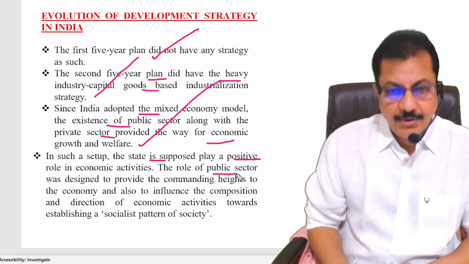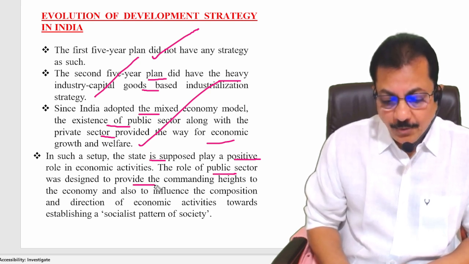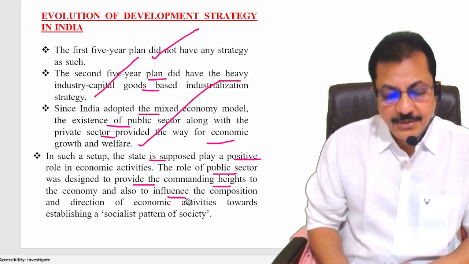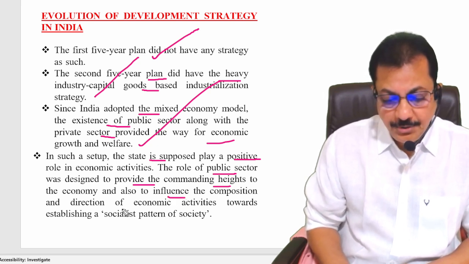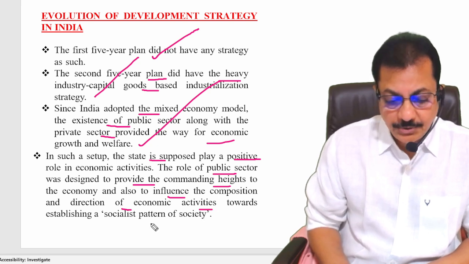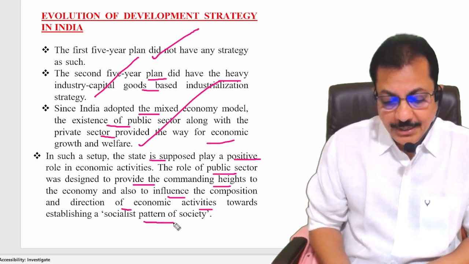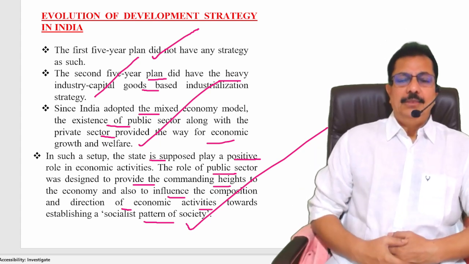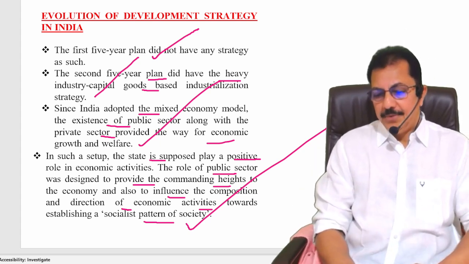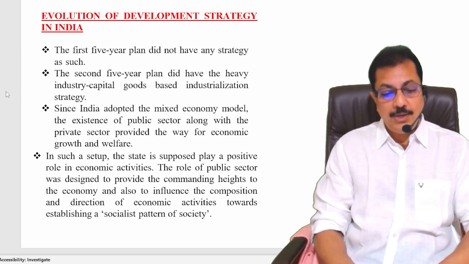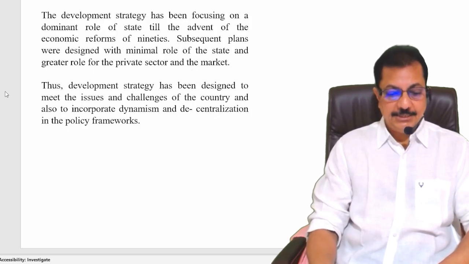The role of the government was designed to provide the commanding heights to the economy and also to influence the composition and the direction of economic activities towards establishing a socialist pattern of society. Because of all these things, we are saying that we started adopting strategies in India starting from the second 5-year plan. Even now also we are implementing various strategies.